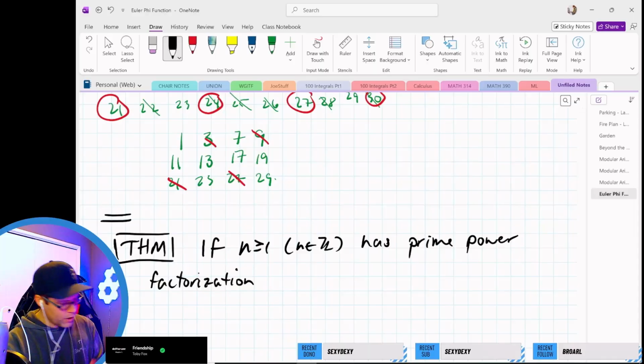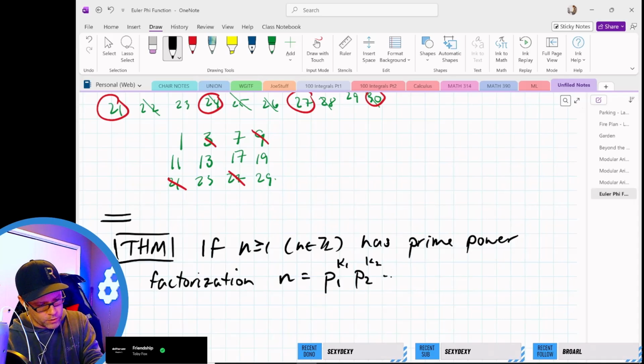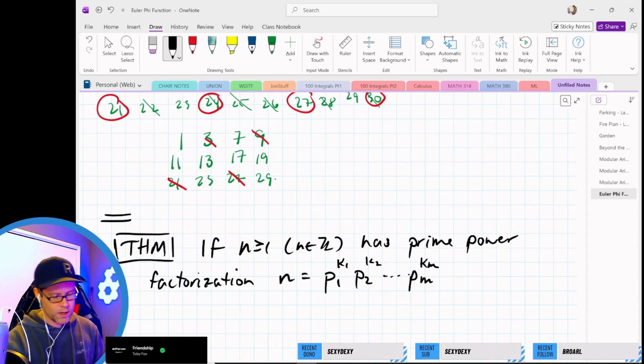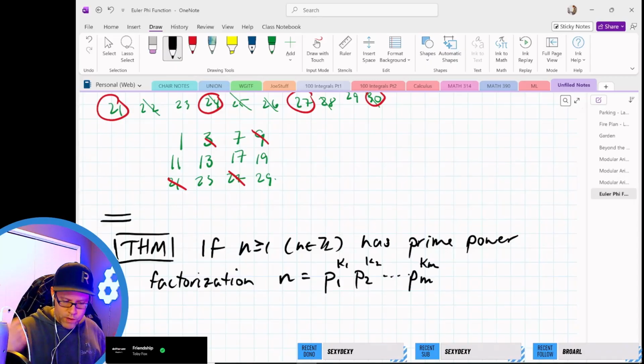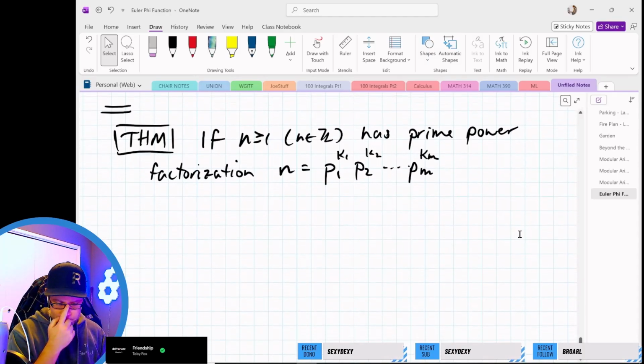So if we know that n has a particular prime power factorization, let's call it p1 with k1 as the power, then maybe I have a secondary prime with a different exponent, and this goes all the way to, I don't know, I call it pm and km. We know that we can take any positive integer and rewrite it as a product of prime numbers. That is the fundamental theorem of arithmetic.